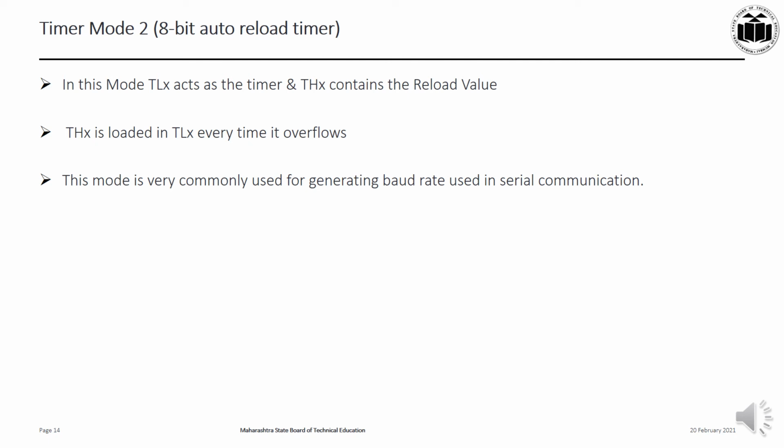So TH0 or 1 is loaded into TL0 or 1 every time it overflows. That is, when TL0 or 1 reaches 255 and is incremented, instead of resetting to 0, it is reset to the value stored in TH0 or 1. This mode is very commonly used for generating the baud rate used in serial communication.